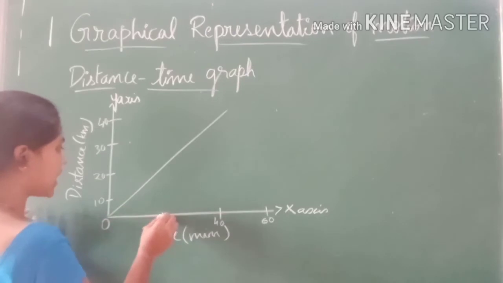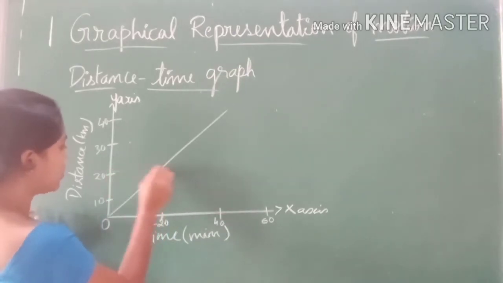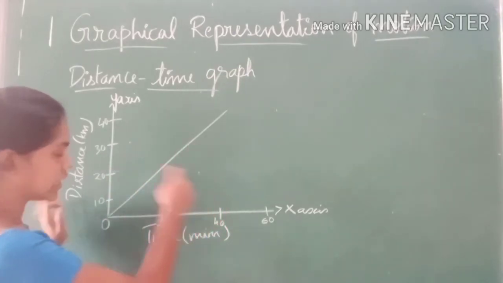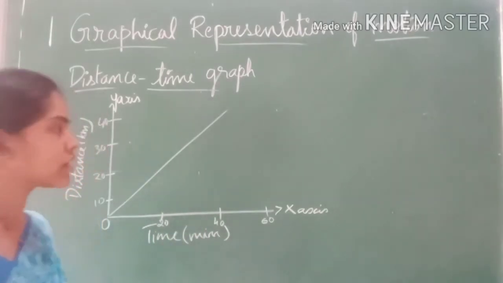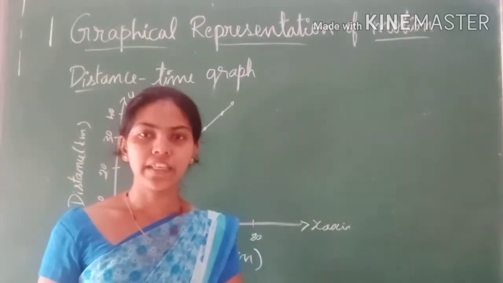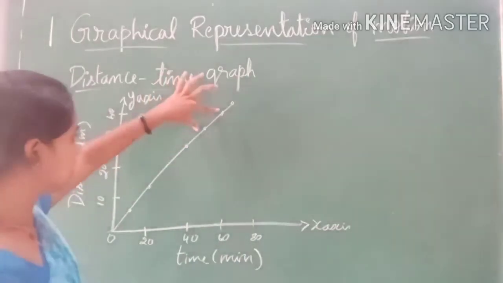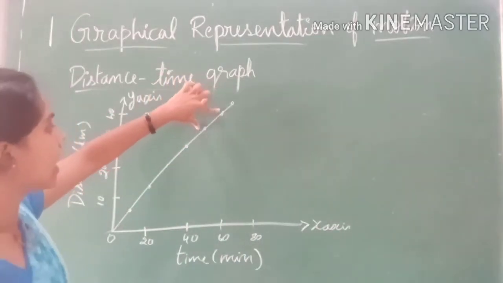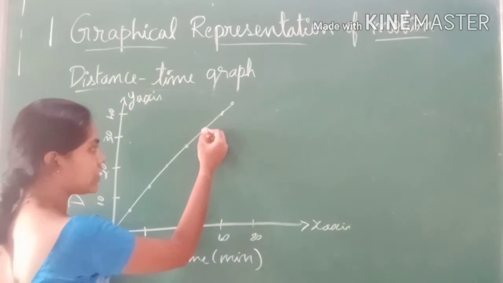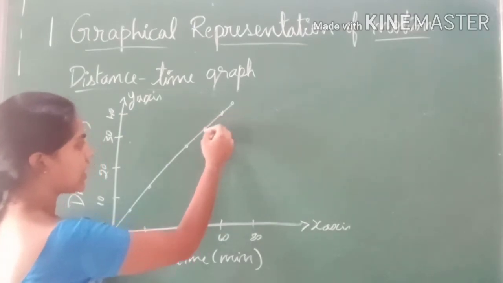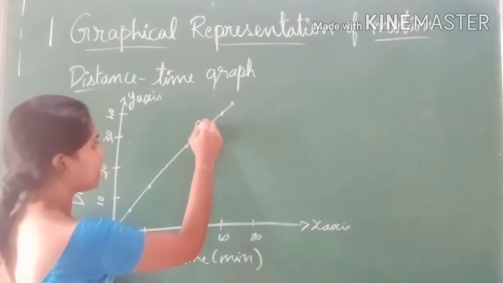So at any point, if you measure, the velocity remains a constant. I would like to determine the speed attained at this portion AB.